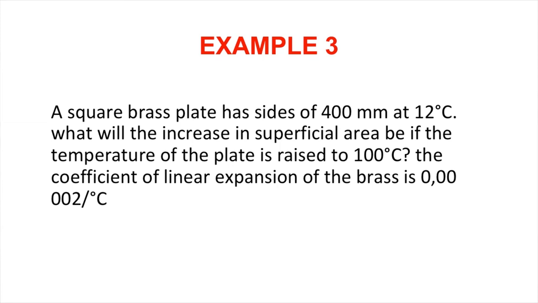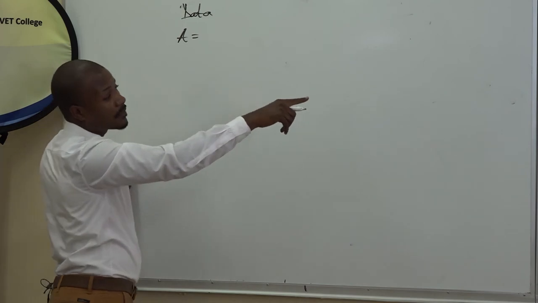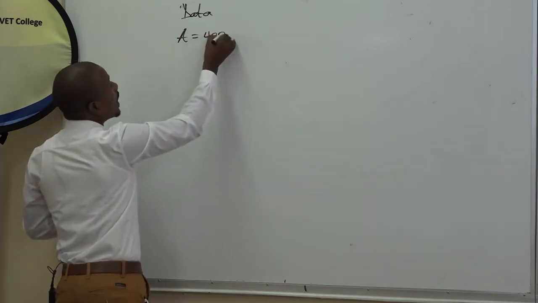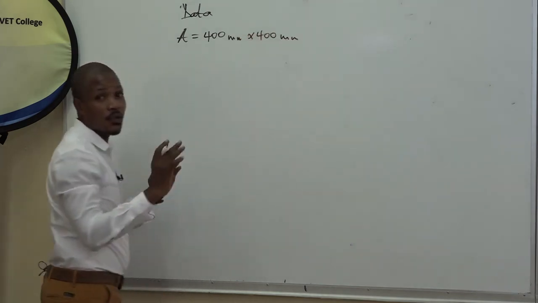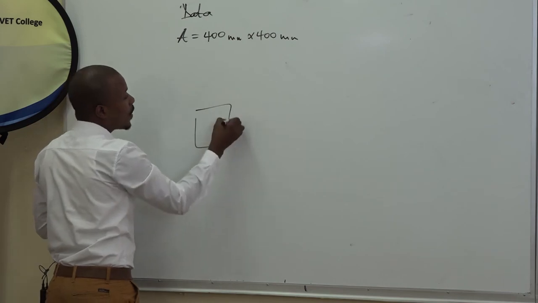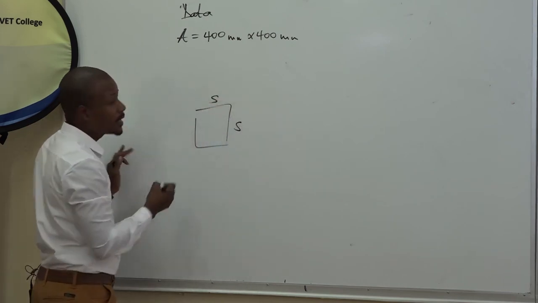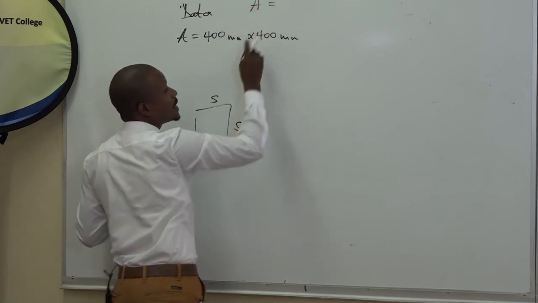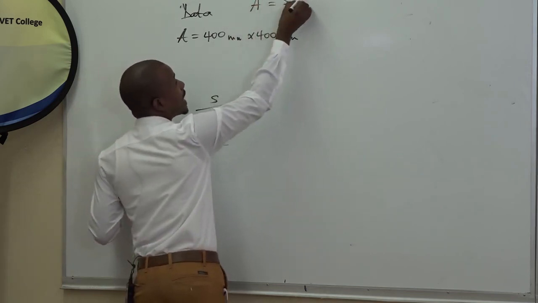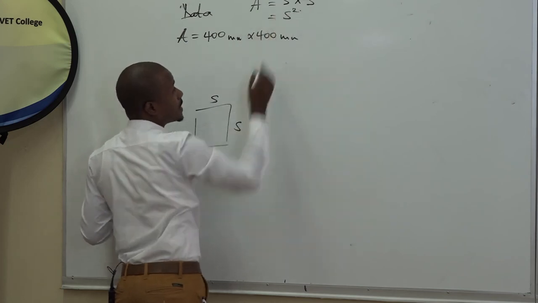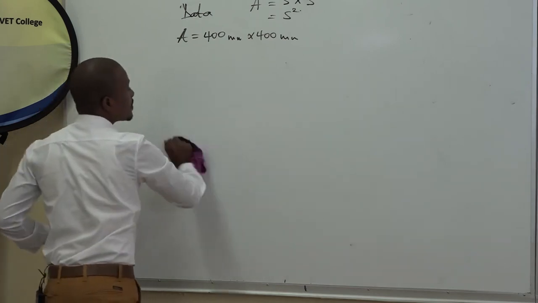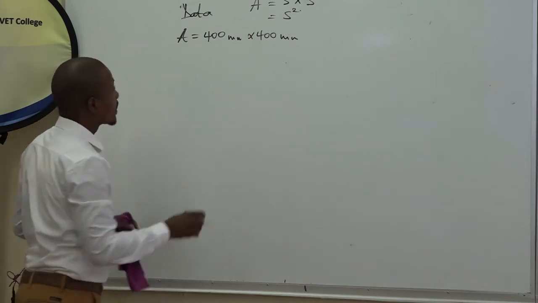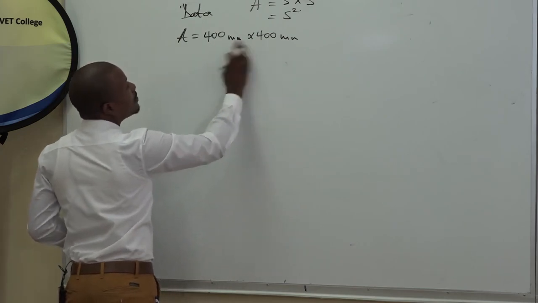Let us extract our data. We have a square brass, so the area will be 400 millimeters multiplied by 400 millimeters, because we know that a square has all its sides equal. The equation to calculate the area of a square can be side by side or side squared. But first, let us find the meters of these values.